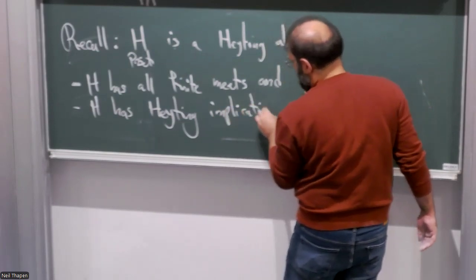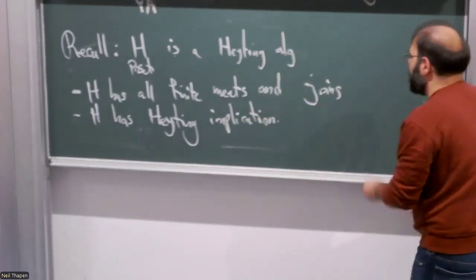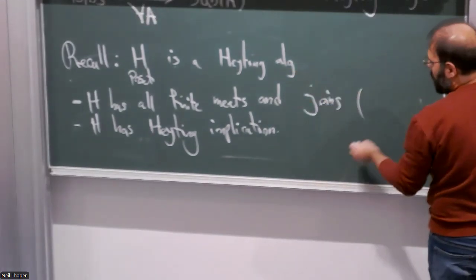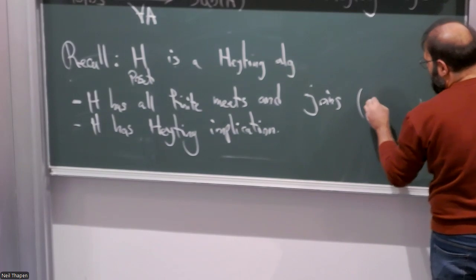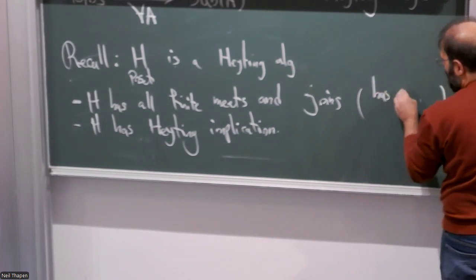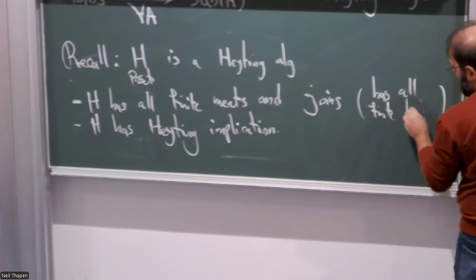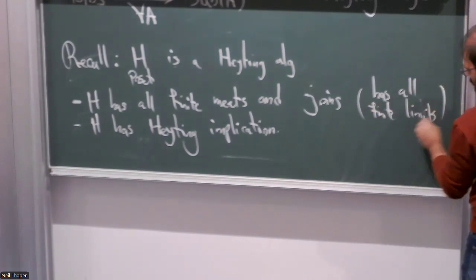And that's it. Categorically, we know these guys. Here I'm simply saying that a poset is a category, so H has all finite limits and colimits.